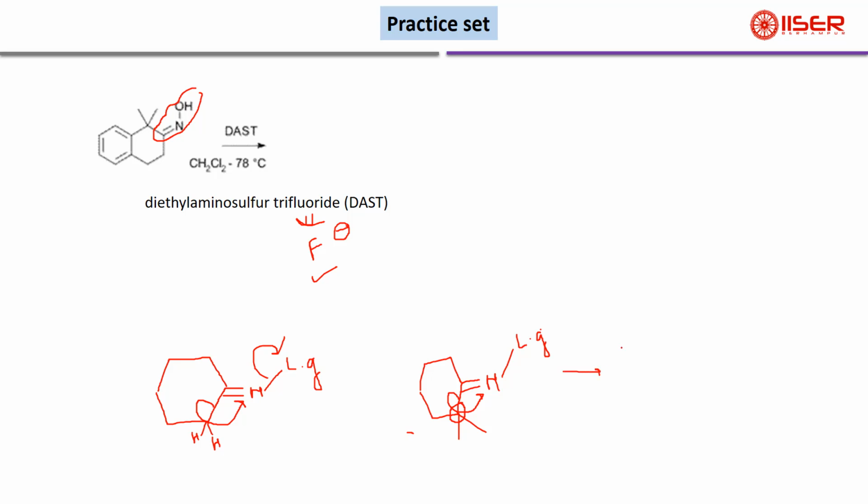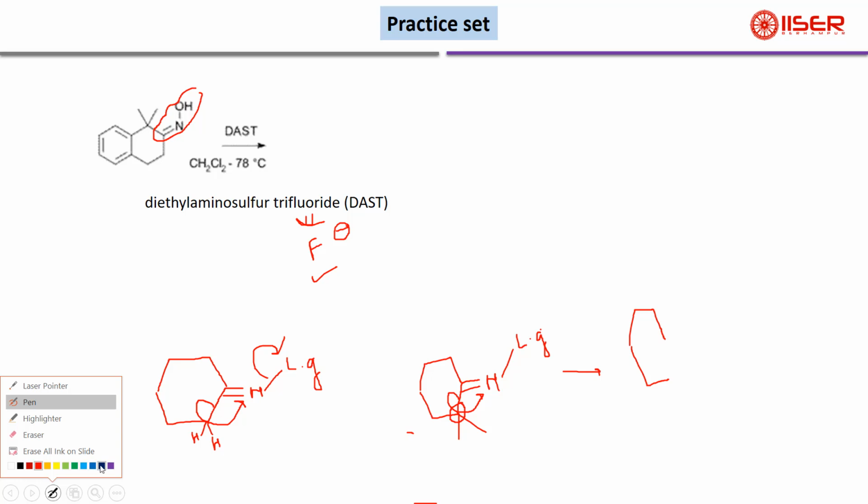So in that case, what happens? When there is a probability of forming a stable carbocation, which is only possible when this carbon is highly substituted, then instead of shifting the carbon-carbon bond, there will be just a break.